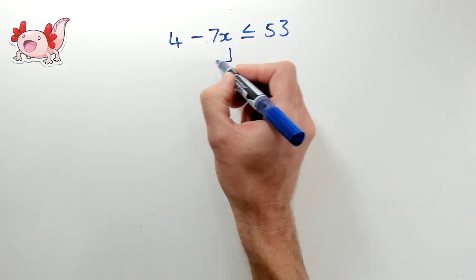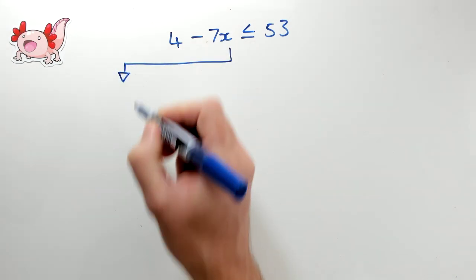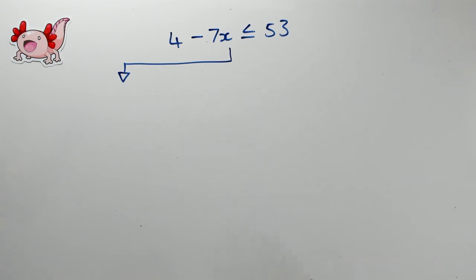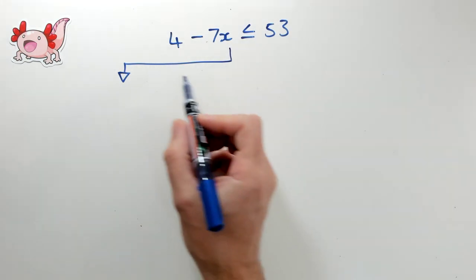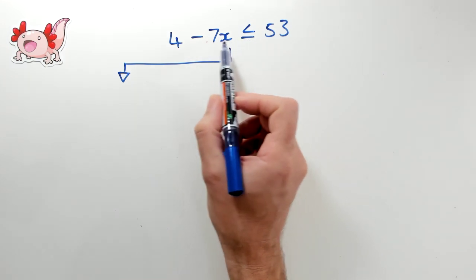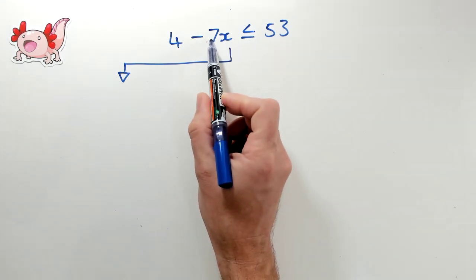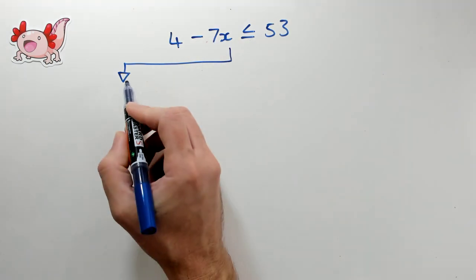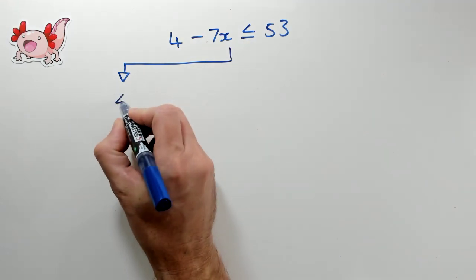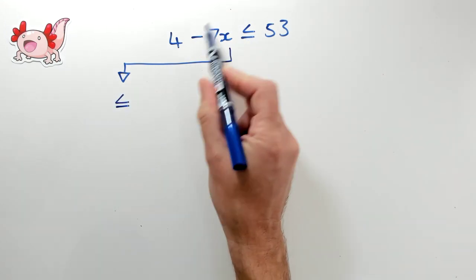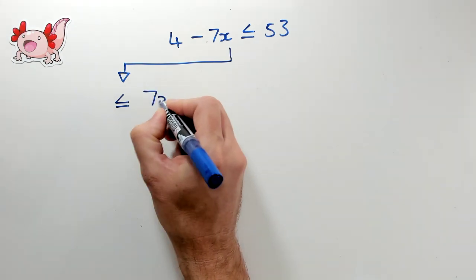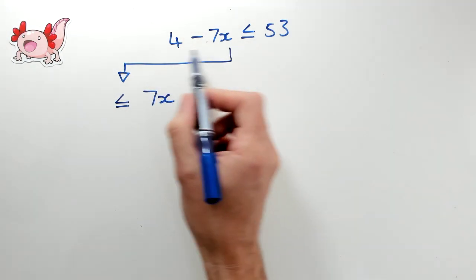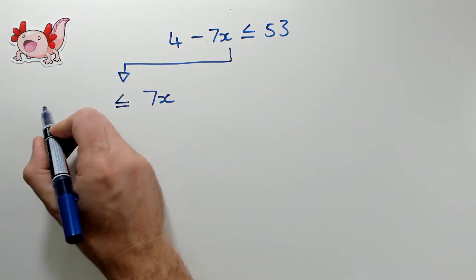So this is the first way, without my rule. What I can do, without using this special rule about flipping things or changing signs, is just add 7x on both sides. So negative 7x becomes a positive 7x over here, and then this is a 4.